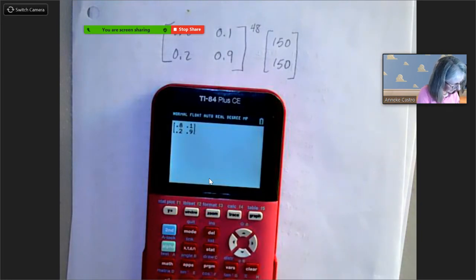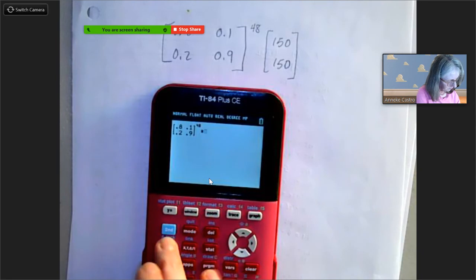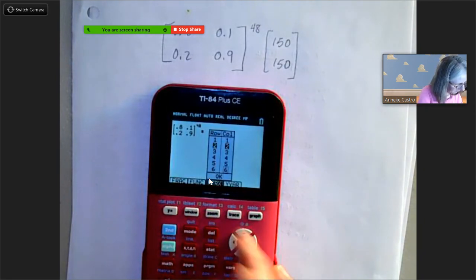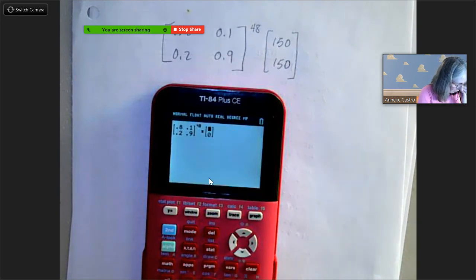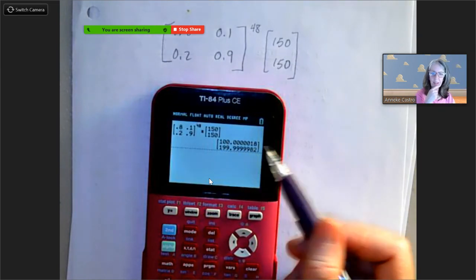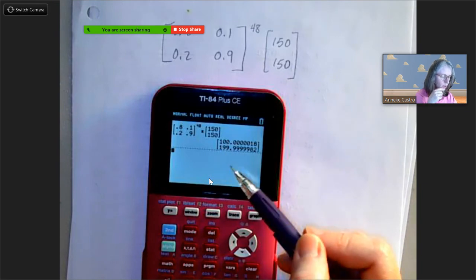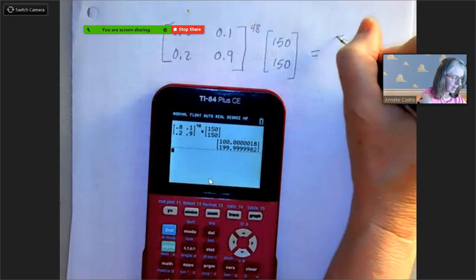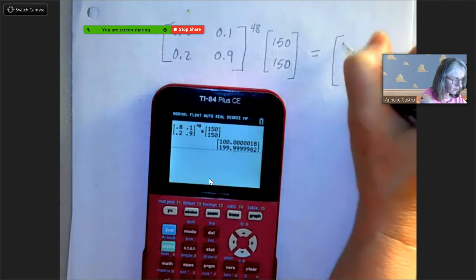Now I'm going to raise it to the 48th power, then multiply it by my original population, 150 and 150. If I hit enter, look at that, 100.000018 and 199. I get really close to the exact value that I got with my eigenvectors.